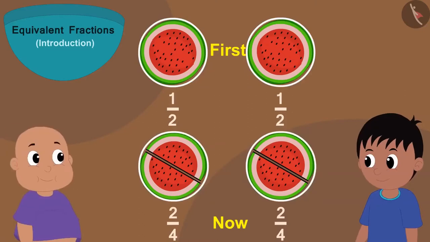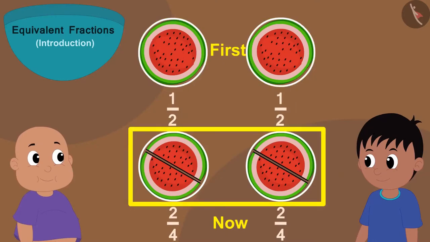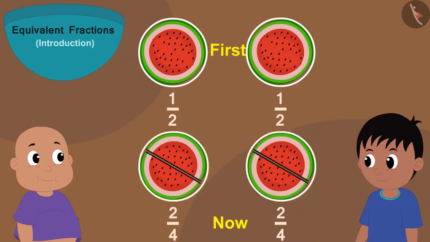Earlier, Raju and Bablu were getting 1 part out of 2. That is 1/2 parts. And now they are getting 2 parts out of 4. That is 2/4 parts. Here, this 1 part is equal to these 2 small parts.